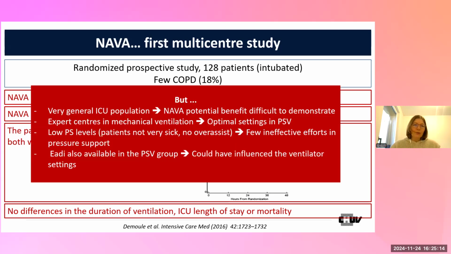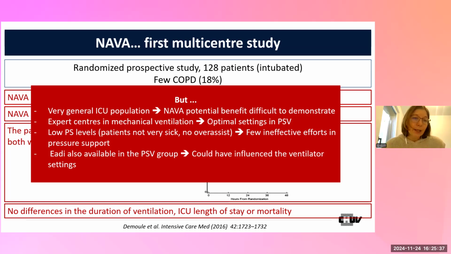However, there are a lot of things to discuss about this study. First, the population was a very general population without a lot of asynchronies, and it was potentially very difficult to show any advantage of NAVA in patients who were ventilated only during a short period of time after inclusion.